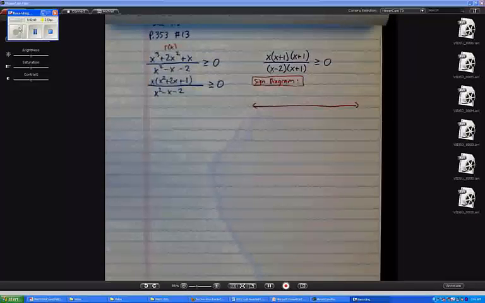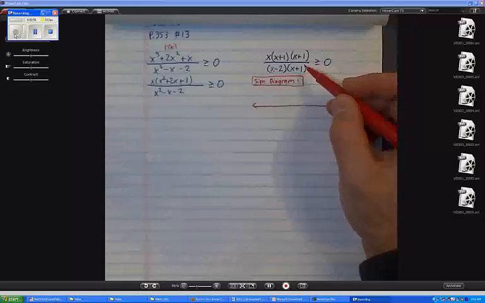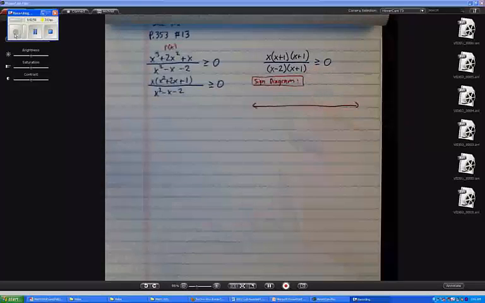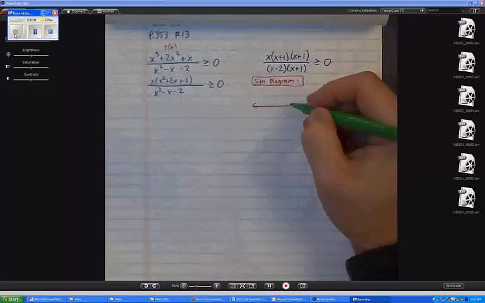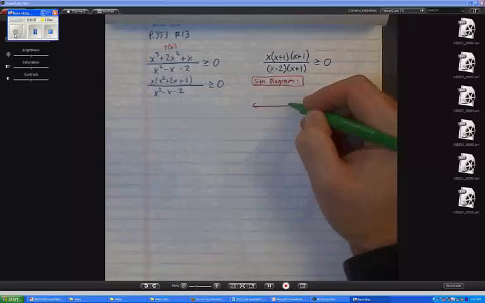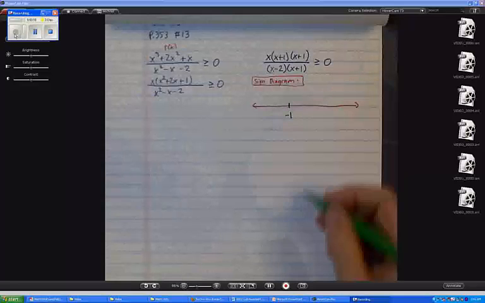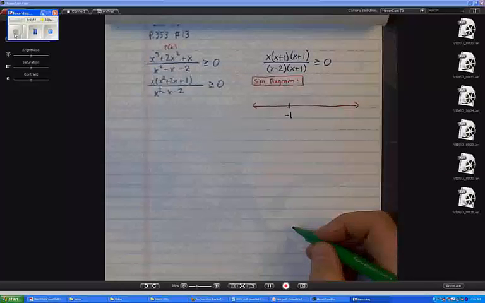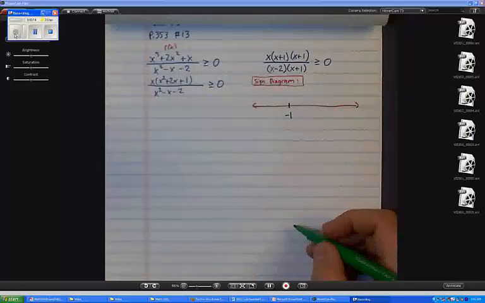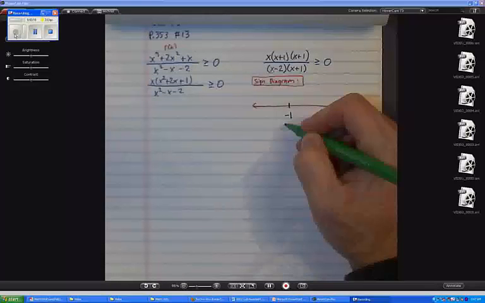Yeah, Matt? Oh, yeah, sure. Why do you cancel x plus 1? So, yes, you could cancel the x plus 1s, but if you do that, you're going to lose a little bit of information. See, right now, I know that -1 is one of the important points on the sign diagram that I want to think about. By the way, what would be true about the graph at -1? We're going to have a hole in the graph.